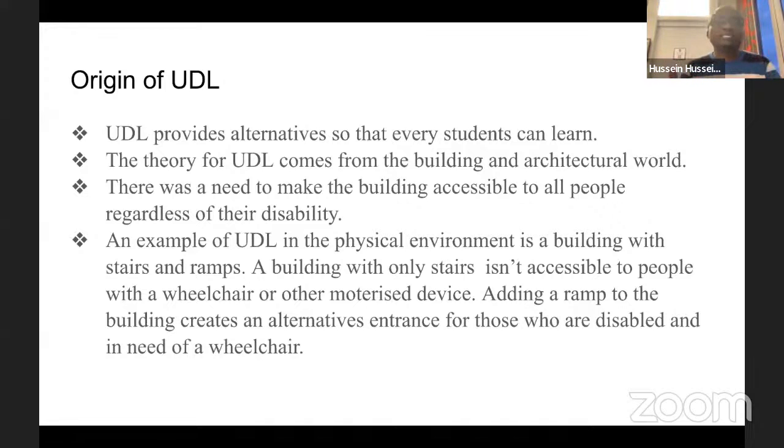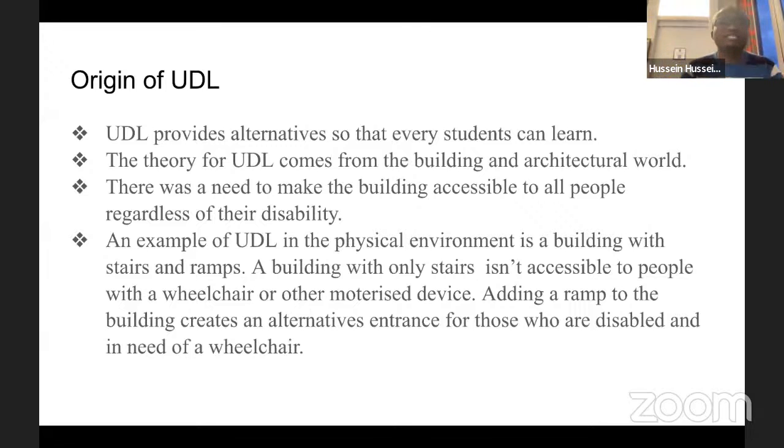Tumeona sio tu katika majengo makubwa, lakini tumeona hata katika baadhi ya vyuo, tumeona katika baadhi ya shule, there are some buildings inaccessible to people with maybe physical disability due to the construction, how it is. So a building with only stairs isn't accessible to people with a wheelchair or other motorized devices.